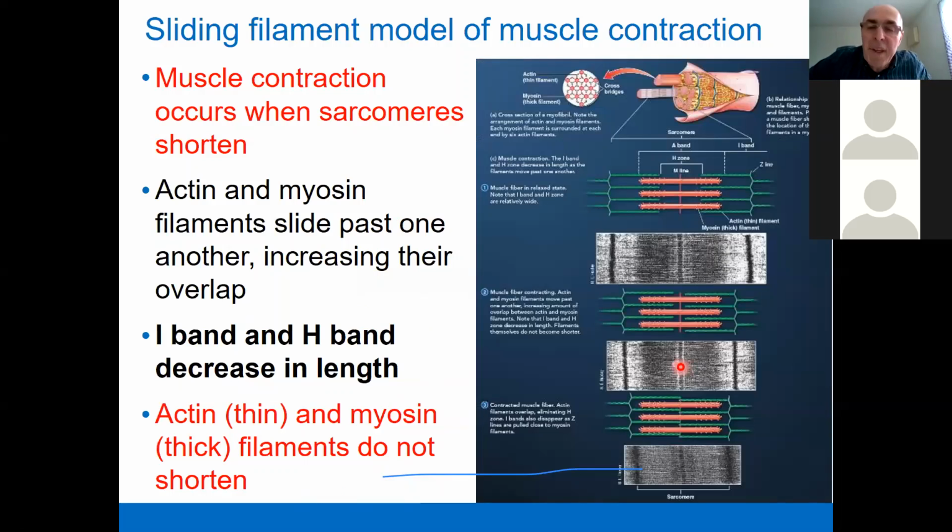Okay, now the question is how the muscles contract. What happens? Well, okay, what should occur to initiate muscle contraction, and what should occur to end the contraction, to get the muscles relaxed? The mechanism of action of muscle contraction is really important.